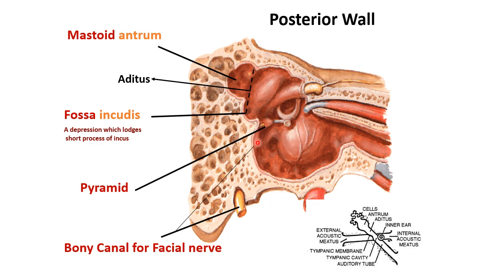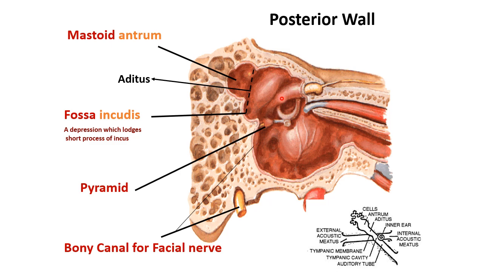And this is the impression made by the facial nerve. The facial nerve enters through the internal acoustic meatus, makes an impression on the medial wall, and in the medial wall it is present between the fenestra vestibuli, which is formed by the footplate of the stapes, and the prominence formed by the lateral semicircular canal.